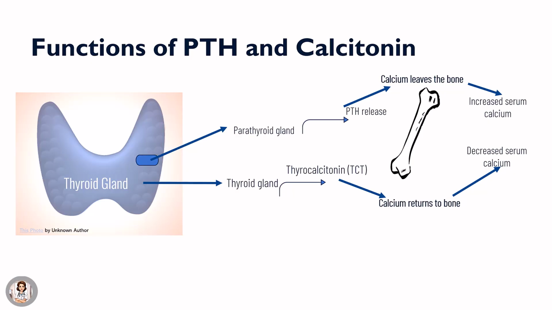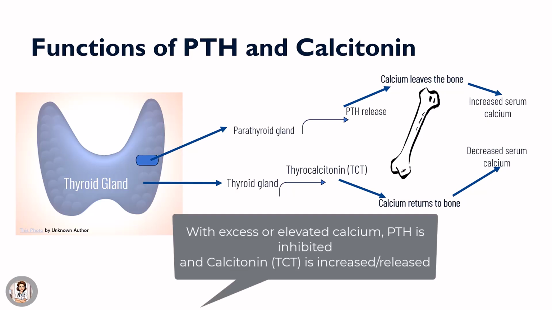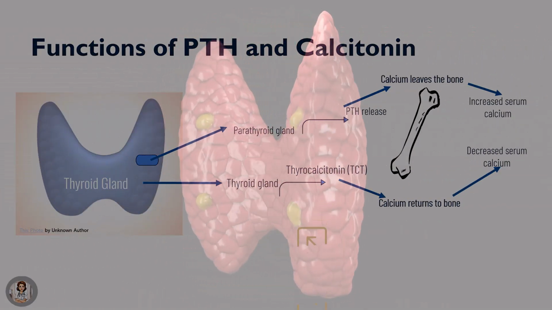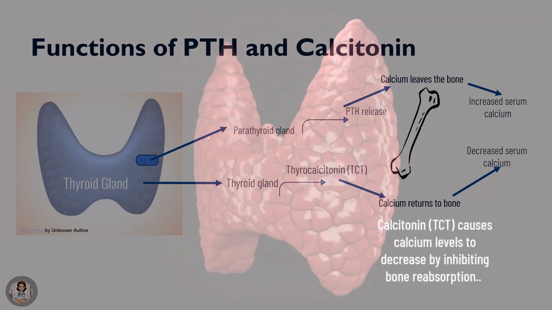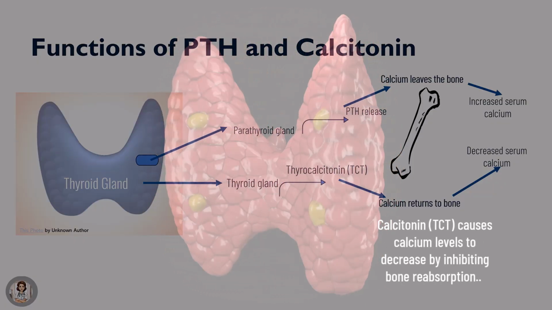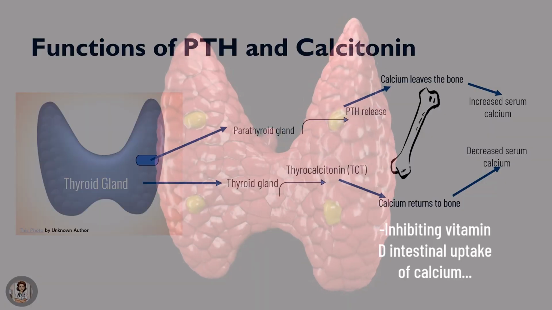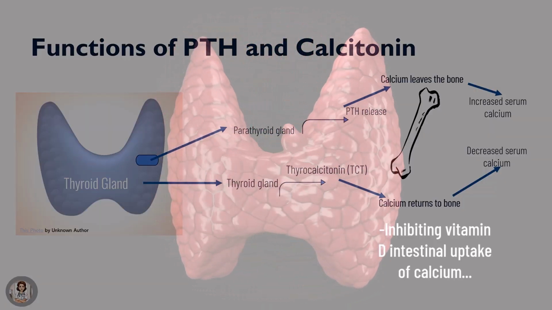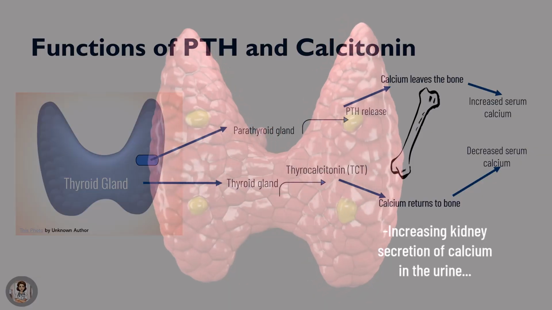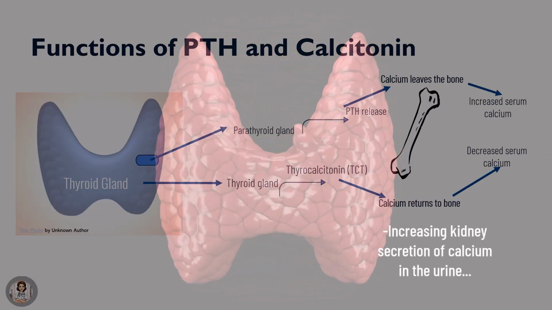Conversely, when there's an excess of calcium present in the plasma, PTH secretion is inhibited, and the secretion of thyrocalcitonin, TCT, a hormone secreted by the thyroid gland, is increased. TCT causes the plasma calcium level to decrease by inhibiting bone reabsorption of calcium, inhibiting vitamin D associated intestinal uptake of calcium, and lastly, increasing kidney secretion of calcium in the urine.